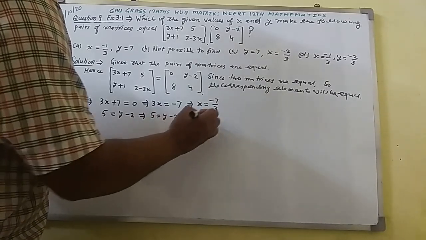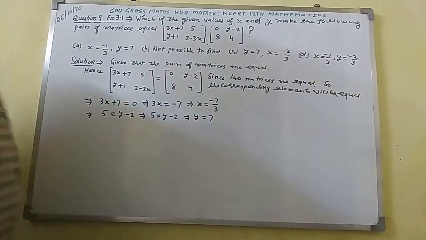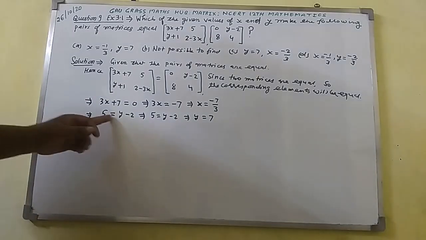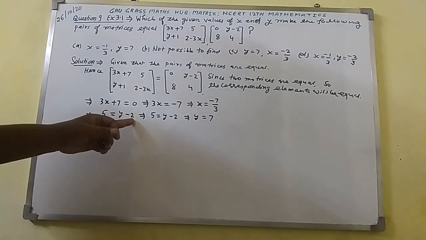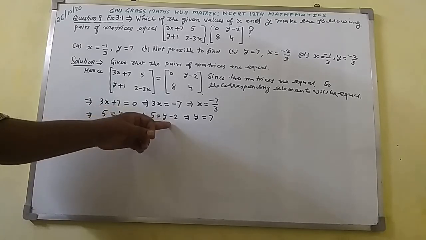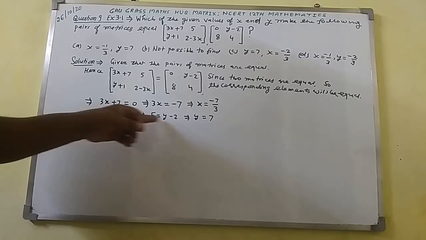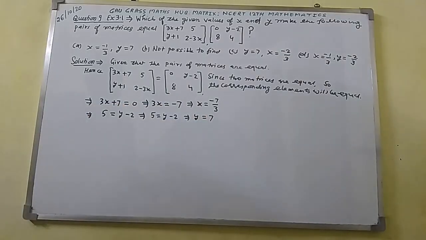It will become y equal to 7. This y of 5 plus 2 will get here 7. We have got this one.